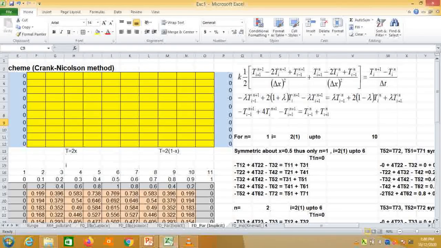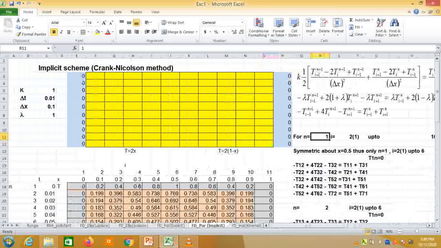Now, using the last equation which we have derived, for every time scale, let's say for the first time scale of 1, and for all the spatial scales starting from the second node up to the 10th one, because for the left side at x equals 0, the value of t is 0, obviously.